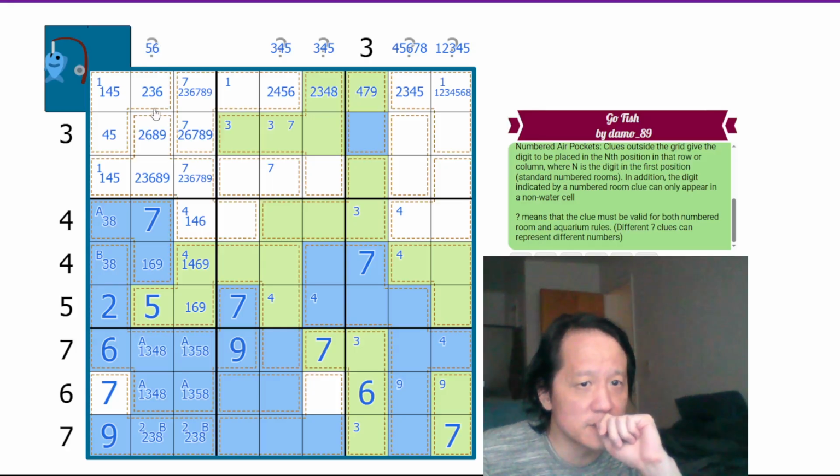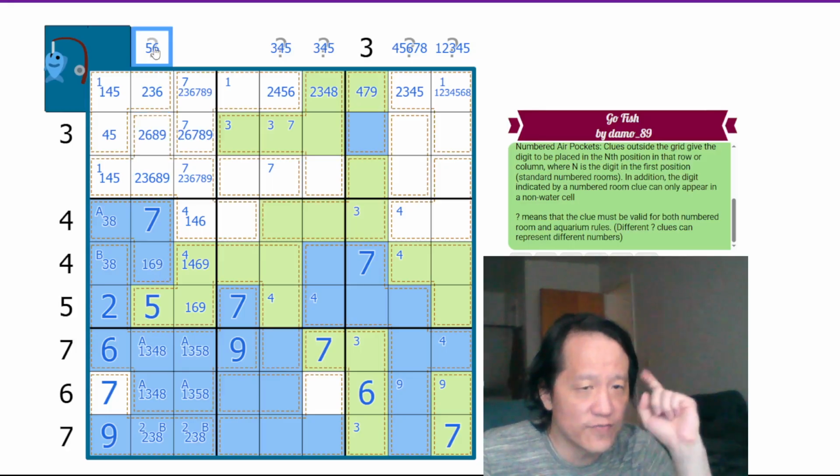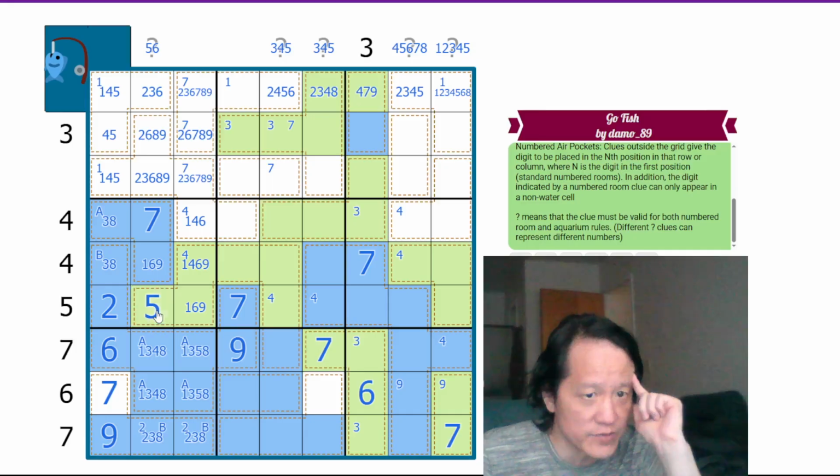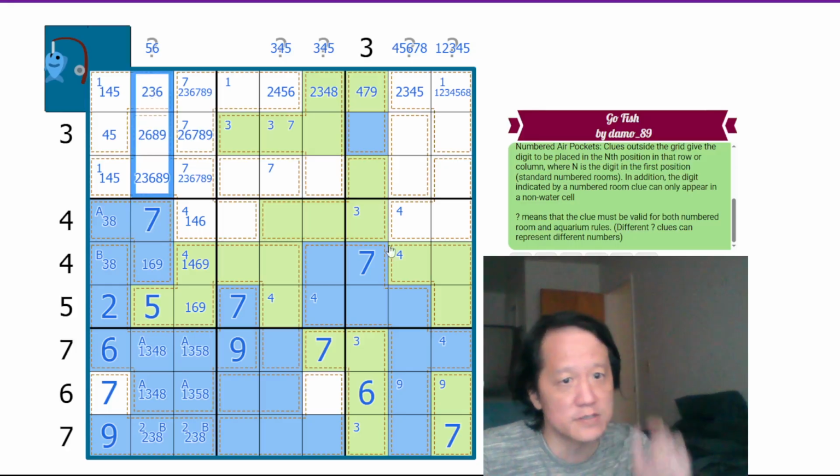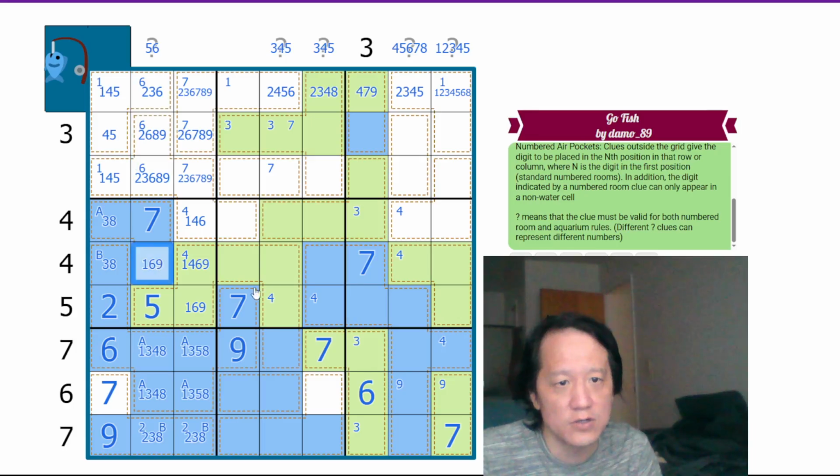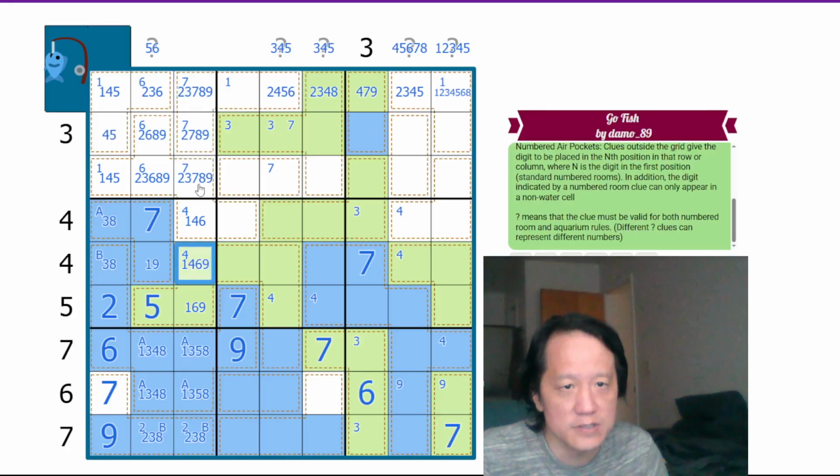So if it's 6, this is 2 or 3, and 6 is here. If it's 5, it has to be in the 6th position because 5 is there. So either way, we are guaranteed one of these is a 6, which eliminates 6 in the rest of the column. No 6 there. That means these can't be 6 then.